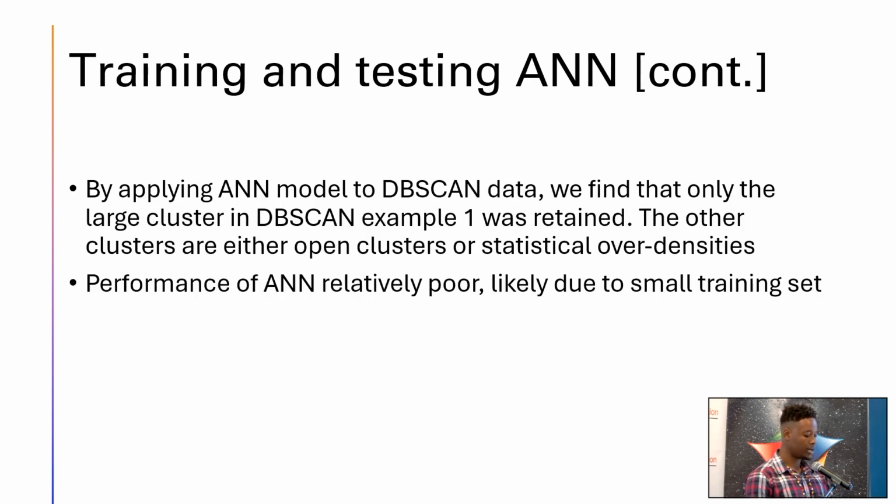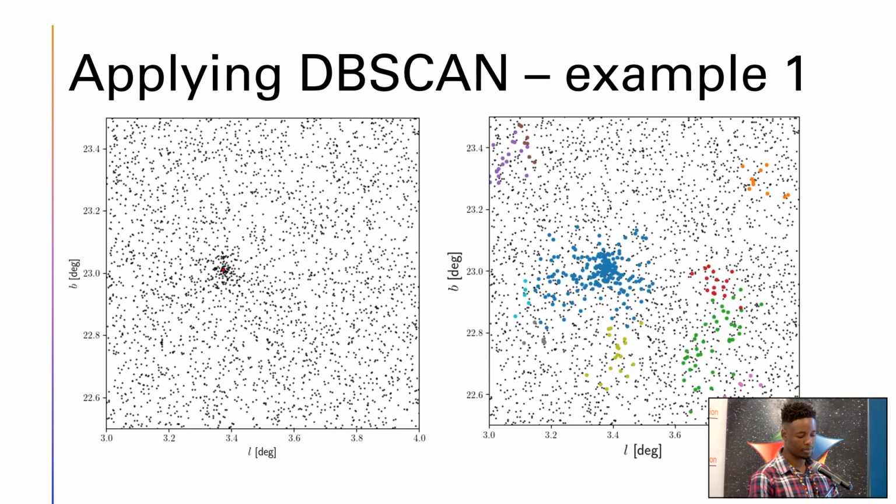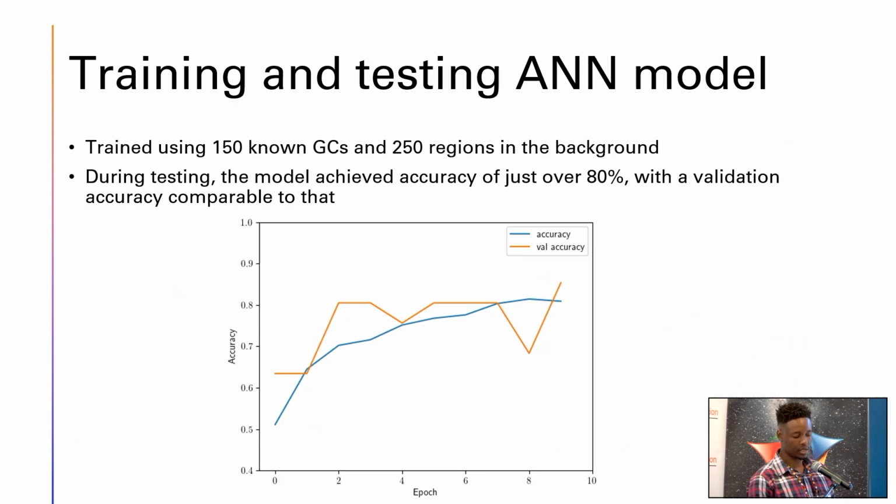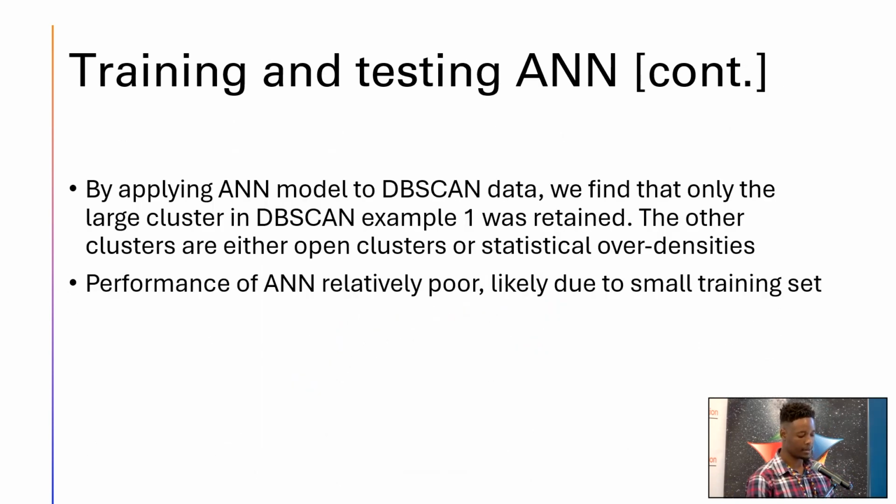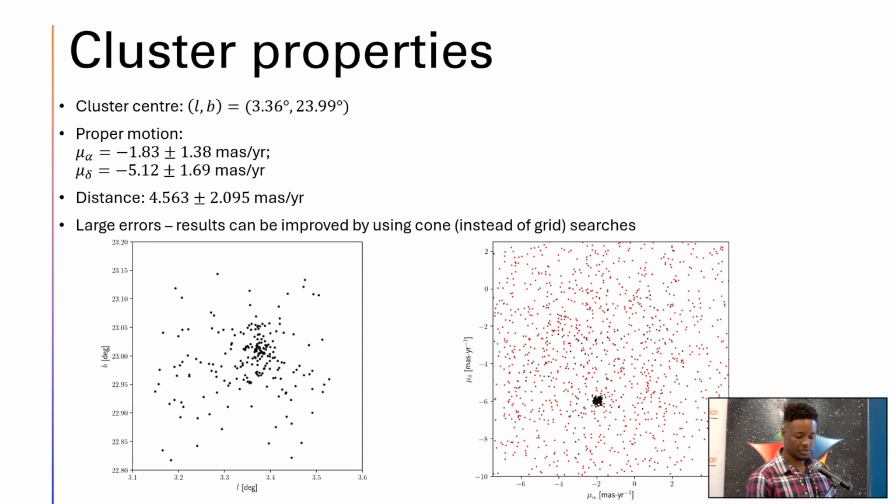Hang in there. So just to continue from there, when we actually run it through the neural network, what we find is that the one big cluster that I talked about earlier, let me just go back, this one big cluster here, which actually corresponds to a real cluster in the data, was the only one that actually survived through the neural network. And then just to show you some of the results from that particular cluster.